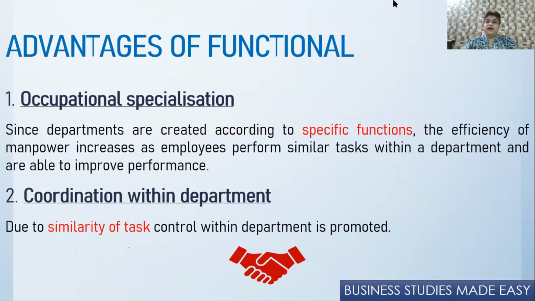Now marketing department, everybody in that department, the supervisor, the superior, the subordinate, they are all MBA marketing. So what happens is they start specializing in that particular function and the efficiency increases because they just have to do about marketing. They don't have to bother about finance or production or anything else. They just have to concentrate on marketing, and therefore this leads to occupational specialization.